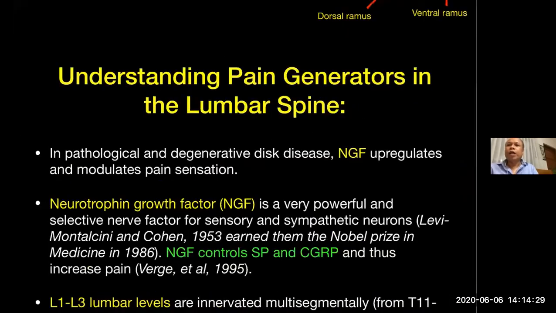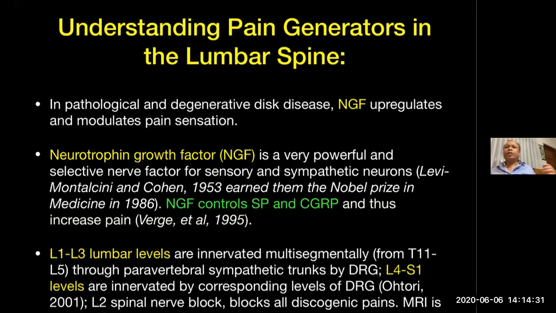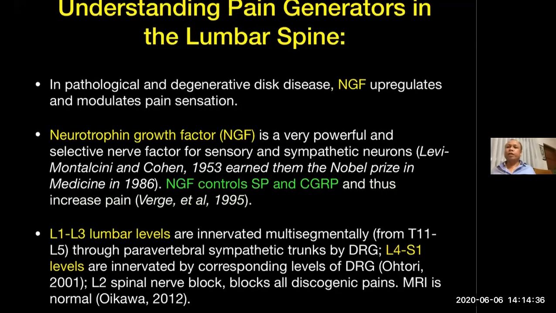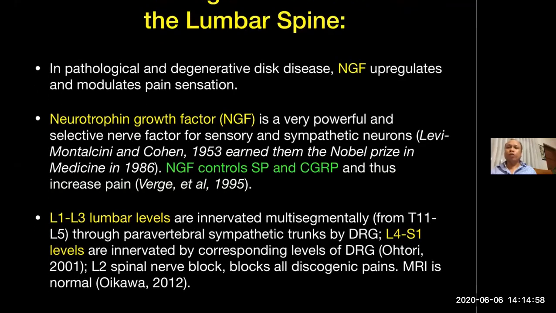Also, in pathologic and degenerative disc disease, there is an upregulation of the nerve growth factor. And this nerve growth factor is very, very sensitive, such that it modulates the pain sensation that it picks up from the spine itself, coming from either the roots or the disc. Now, this is a powerful and selective nerve factor for sensory and sympathetic neurons, and it also controls the substance P and the CGRP.